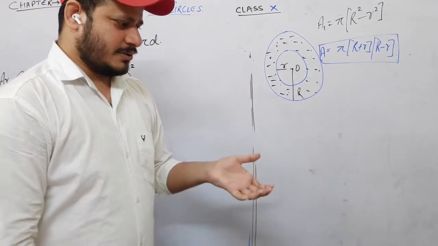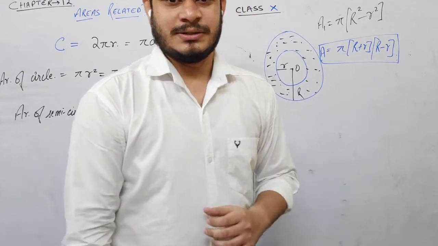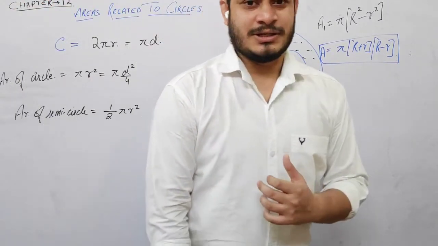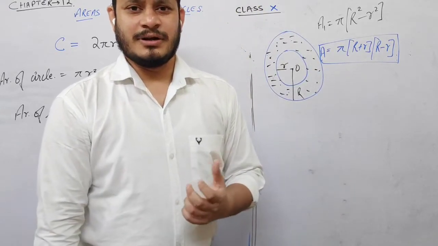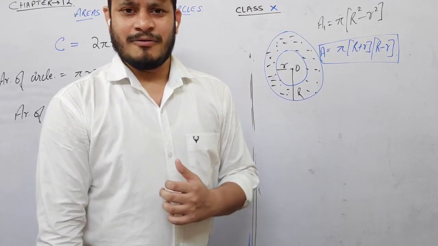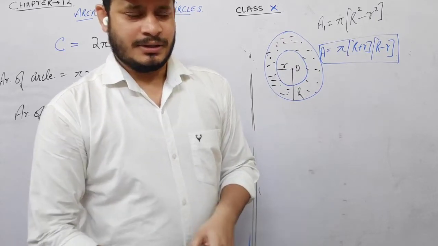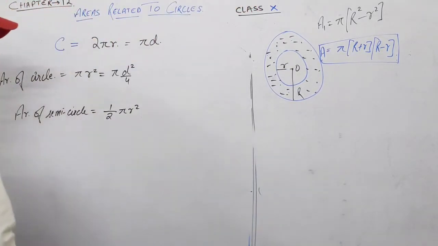Now our next topic is the distance covered by a wheel in one revolution.